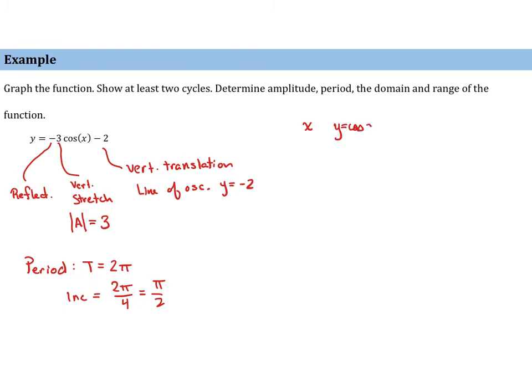Now if we look at our parent function versus our function, we can go ahead and make our tables, and as we get more comfortable with this process, we may not need to do this, but that is up to you.